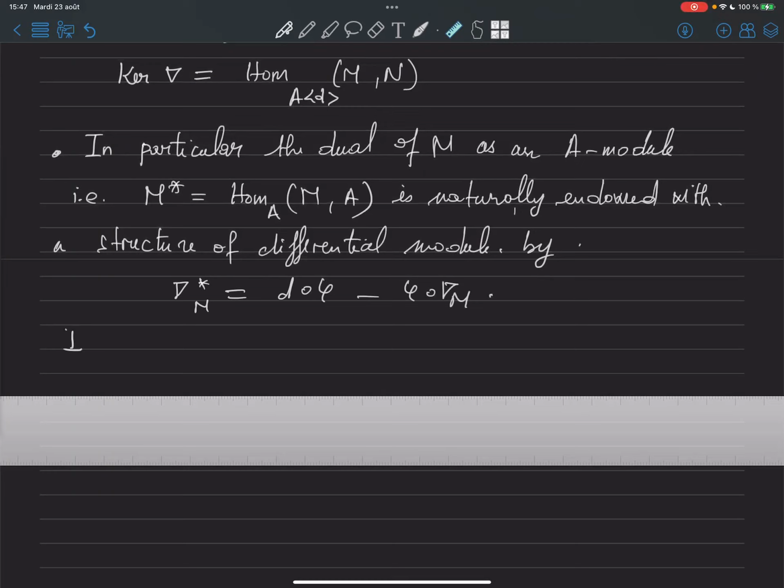If we have a k-linear map and we consider the dual, then between finite dimensional k-vector spaces, it can be associated to this matrix. And if we consider the dual, then the matrix will be the transpose of this matrix, which means that the lines will be columns and the columns will be lines.